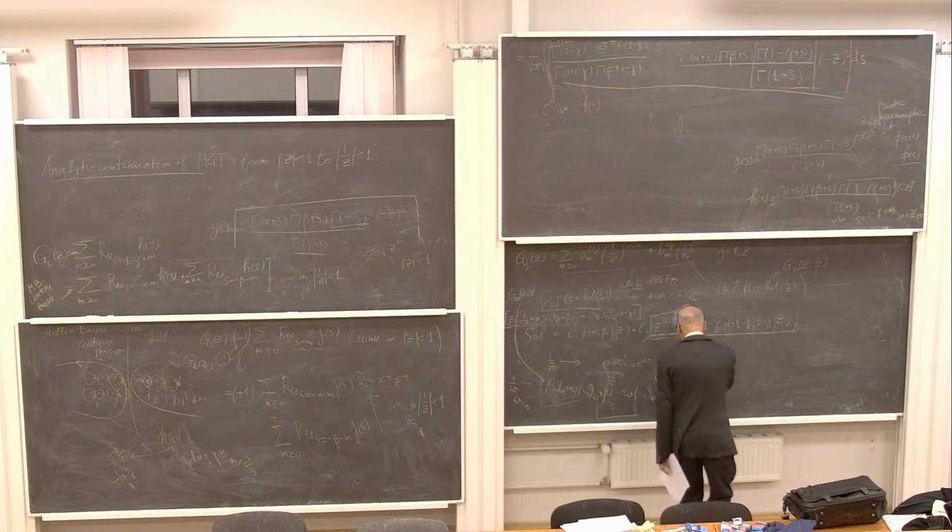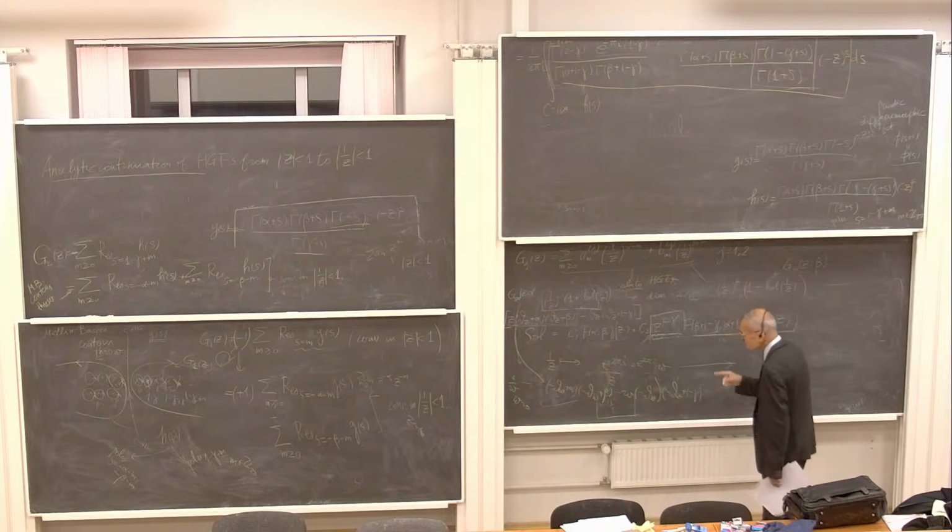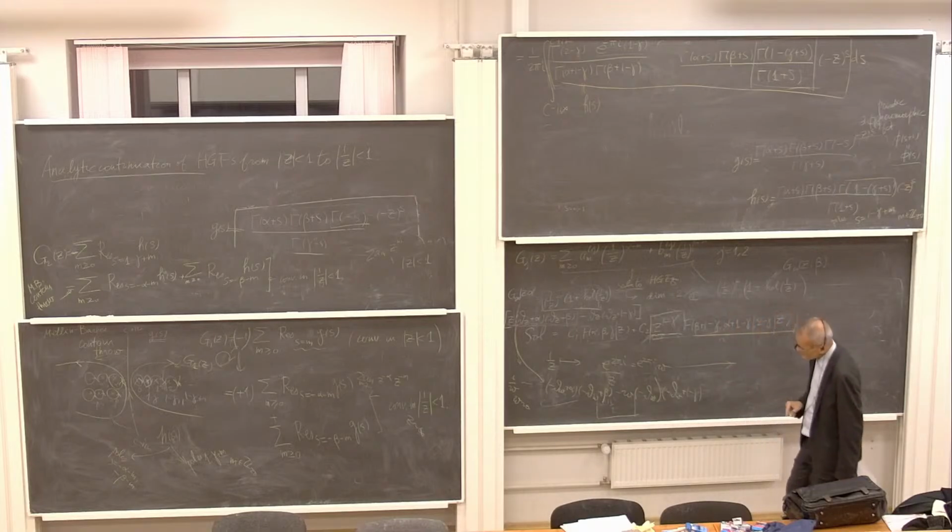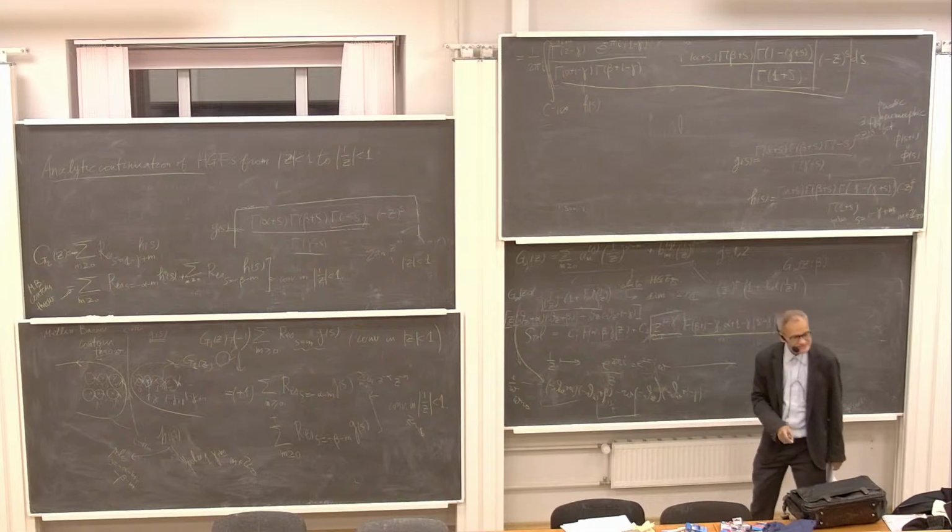Then by this monodromy action, analytic continuation along the loop that turns around W equals 0 in a positive manner.